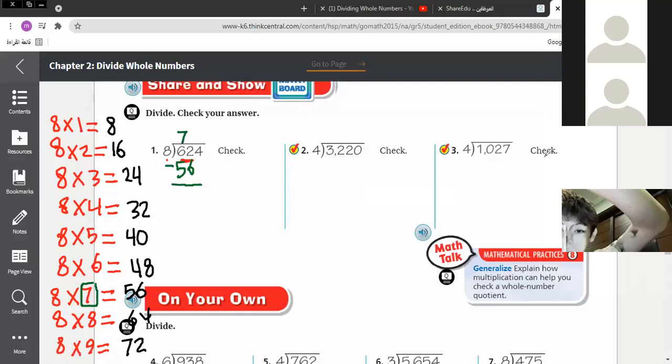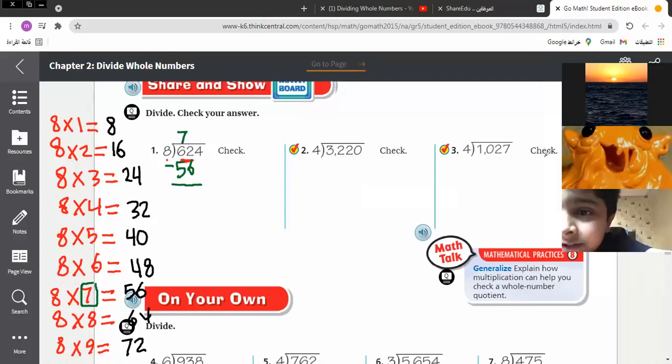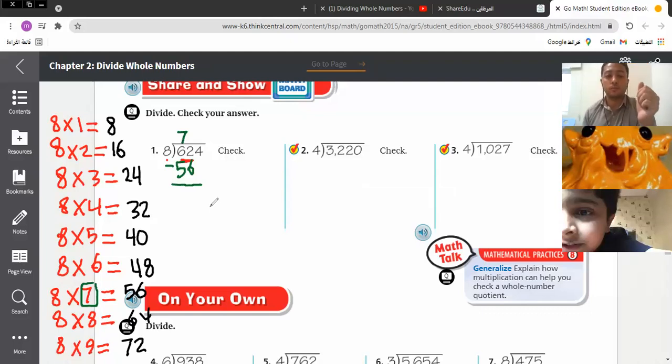You can count after 56 to get 62. What is after 56? 57, 58, 59, 60, 61, 62. So how many fingers? 6 fingers. So write 6 down here.